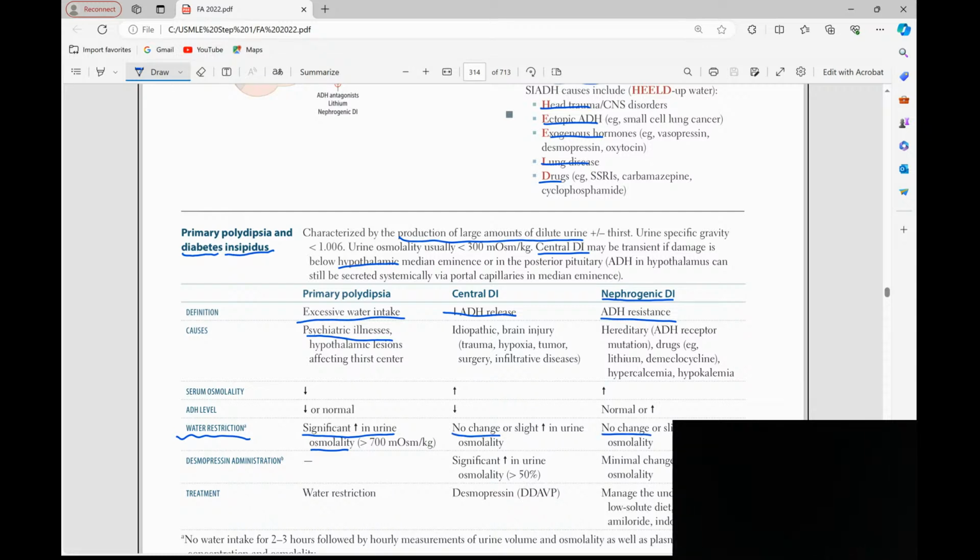And we'll differentiate central diabetes insipidus and nephrogenic diabetes insipidus, because in central DI ADH is decreased, but in nephrogenic DI ADH resistance is there, so ADH is normal or increased due to feedback mechanism. And just remember the treatment: water restriction, desmopressin, hydrochlorothiazide, low salt diet, amiloride.